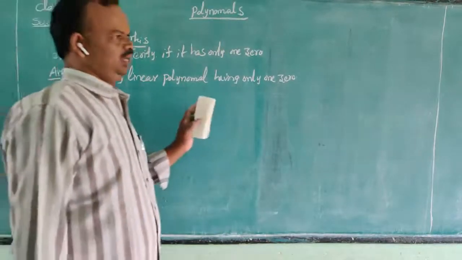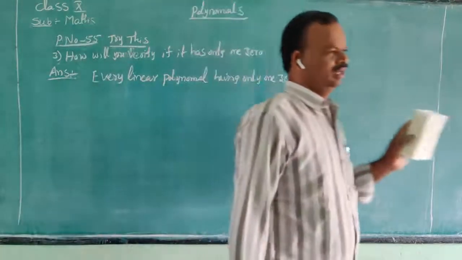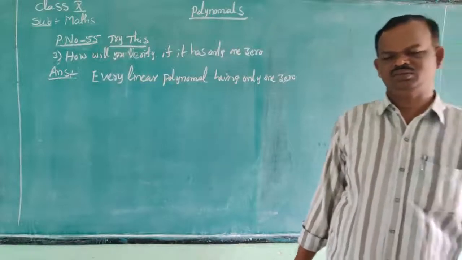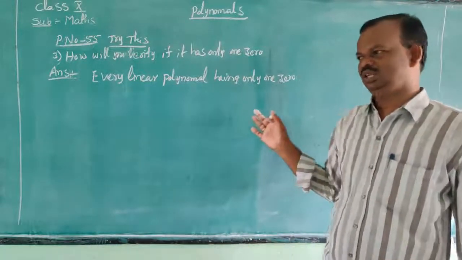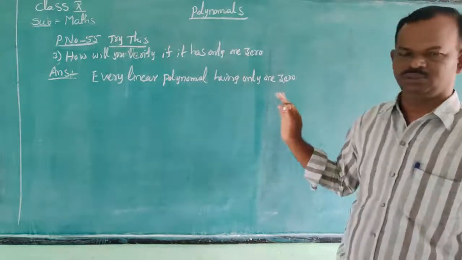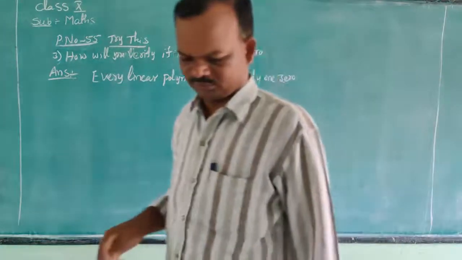In any polynomial, if the degree of the polynomial is 1, it is a linear polynomial. So it has only one zero.